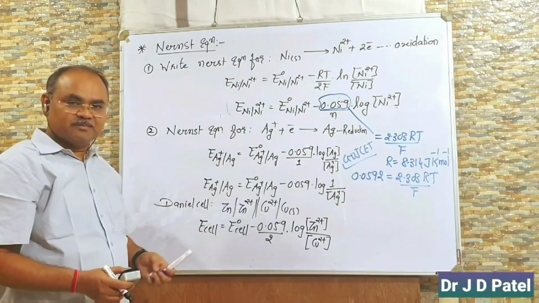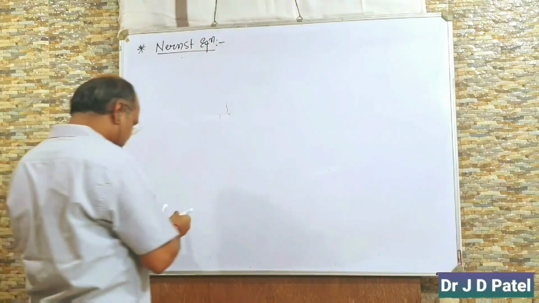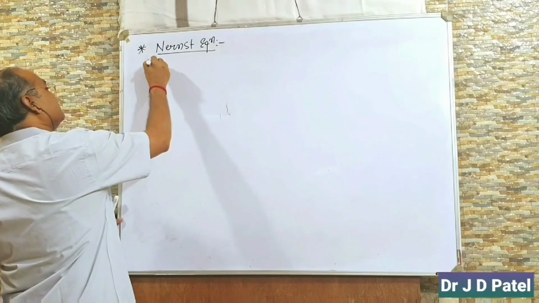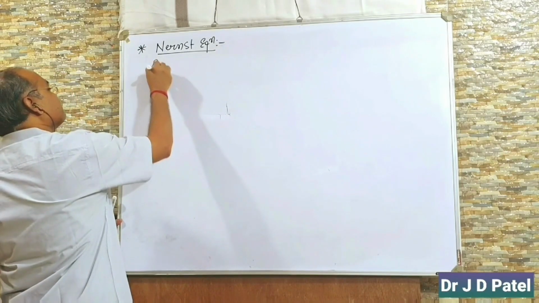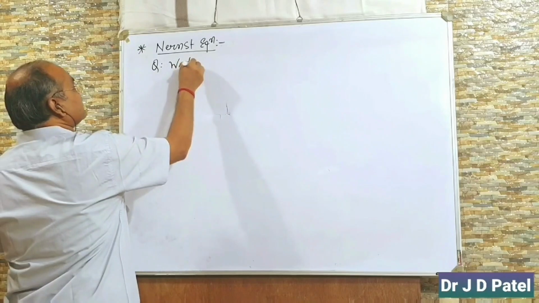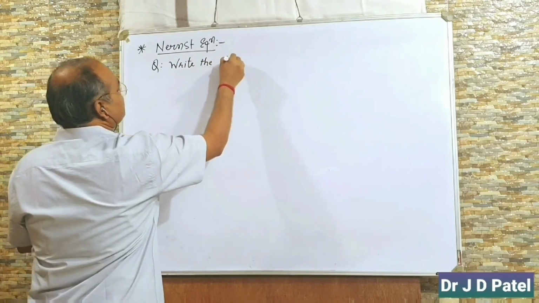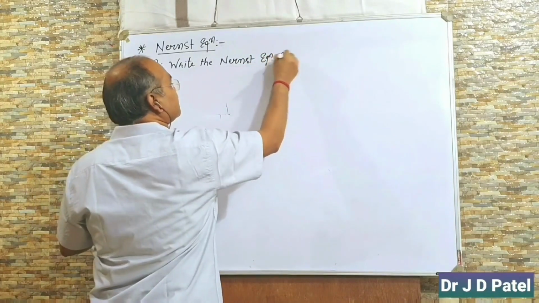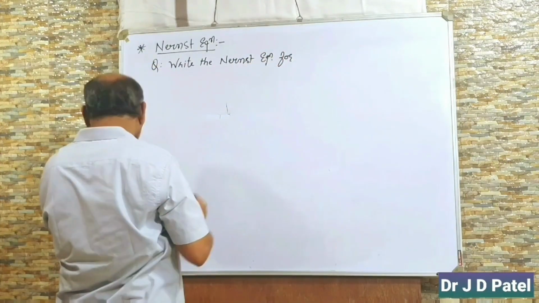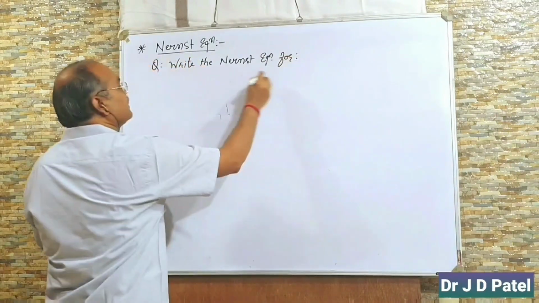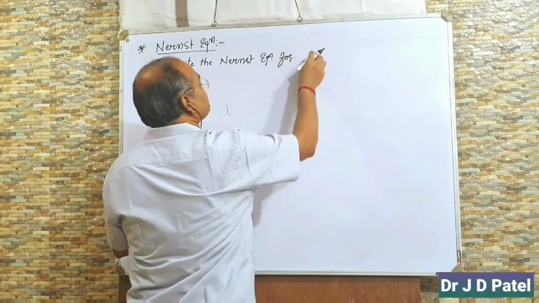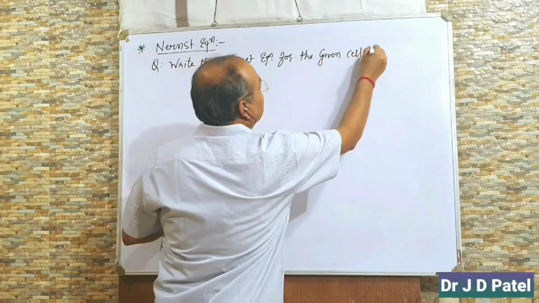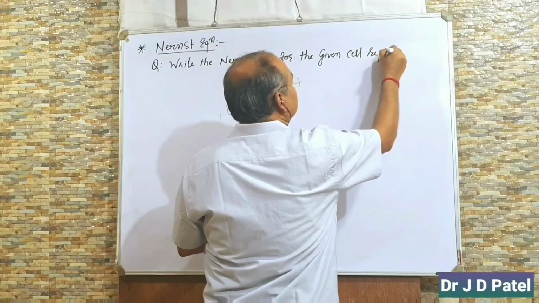I am giving you another one also for practice. Now, instead of simple questions, we can take this: write the Nernst equation for the given cell representation.